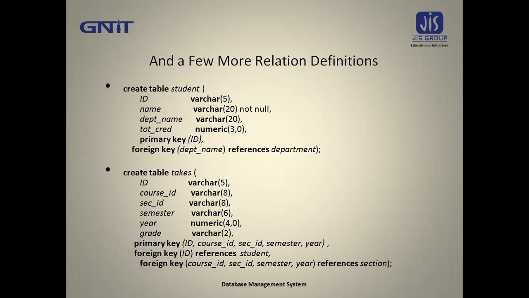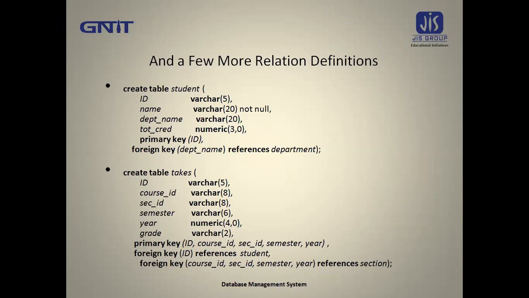Whenever you are putting values in your tables, this field cannot be left blank or empty. That is like putting another integrity constraint over the name attribute. Here also we take primary key ID and foreign key department name.